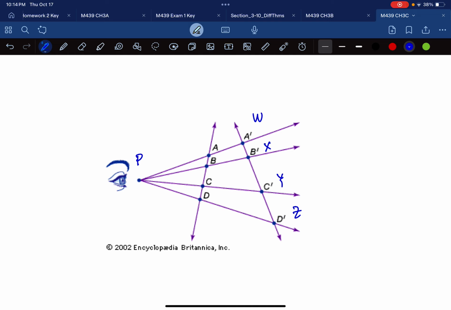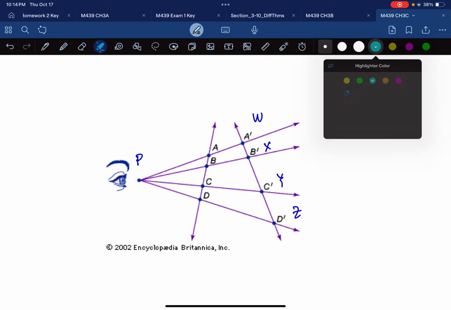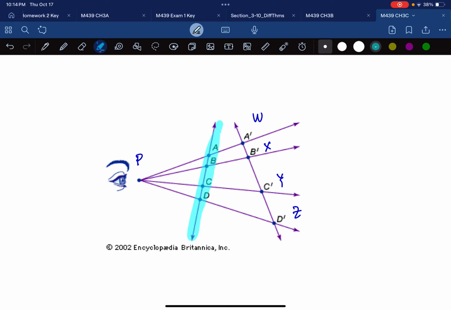If somebody's looking at four collinear points from point P, and say they belong to this line, so these 4 points along this line, A, B, C, and D, would appear indistinguishable to these 3 points that are along this other line.